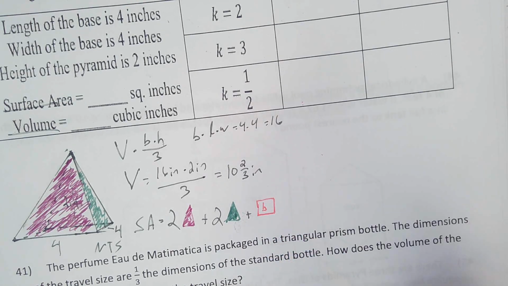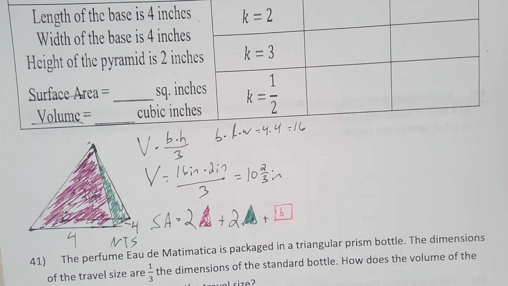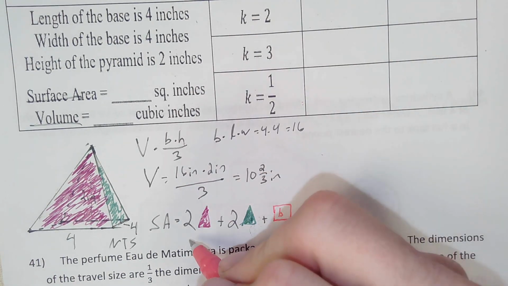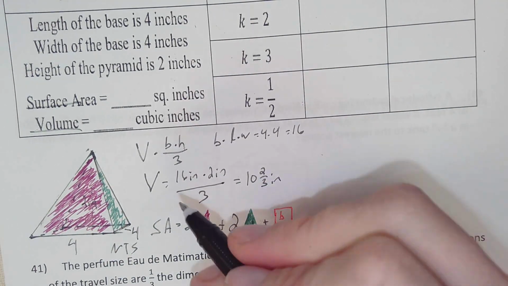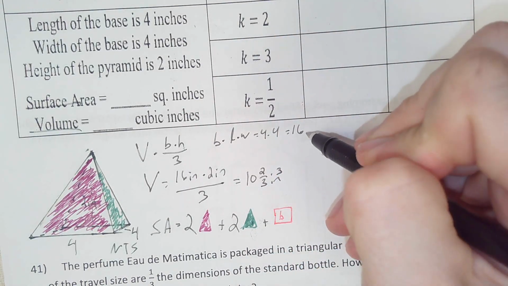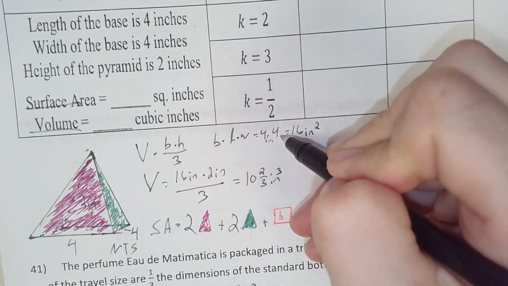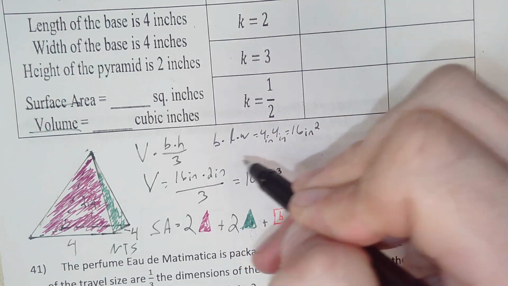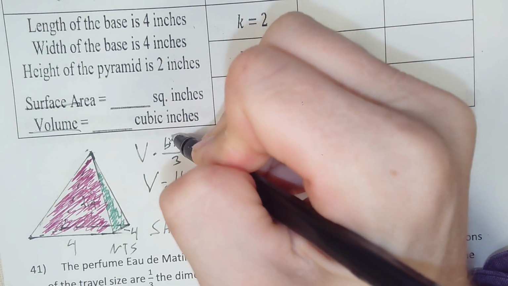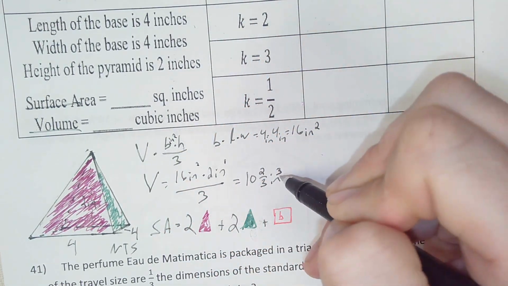Alright, so these are all areas. Well, this is inches cubed, by the way. What was I doing? I'm leaving out units. I'm the worst. So this is inches squared, and this is inches squared times inches, so this is inches cubed.